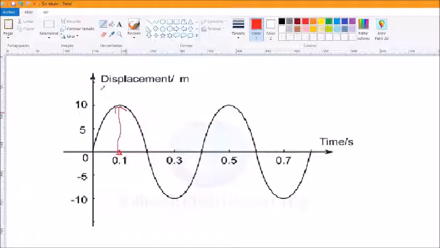Now, the next question could be, I know what is the maximum displacement that a wave can travel, but how long does it take to go all the way up and all the way down to complete the whole cycle, or period? That is the amount of time it takes an oscillating particle to complete one cycle. So it's all the way up to all the way down.